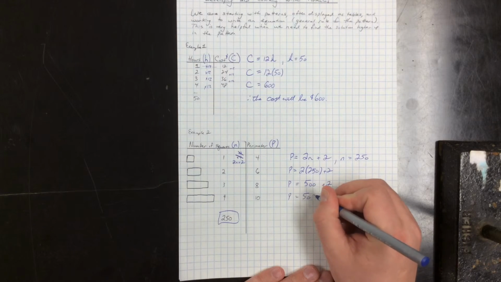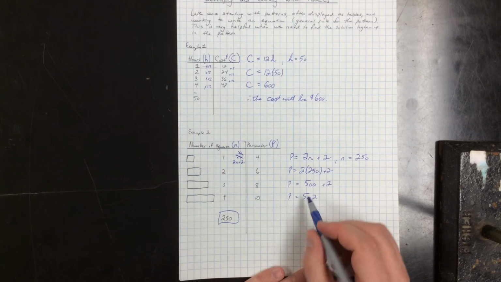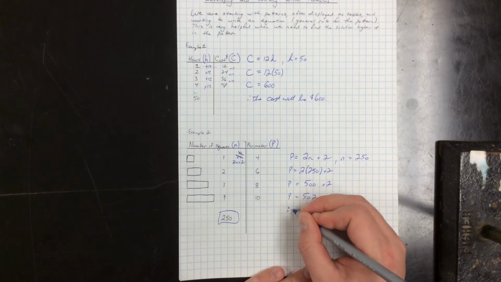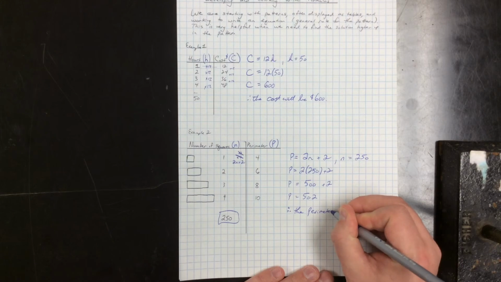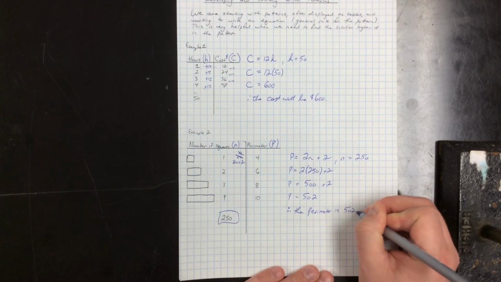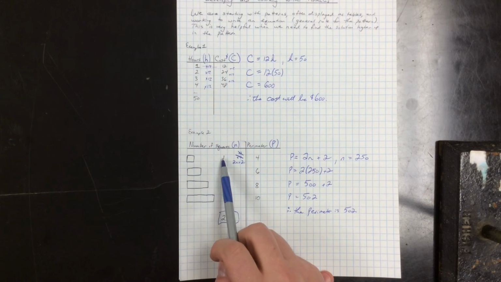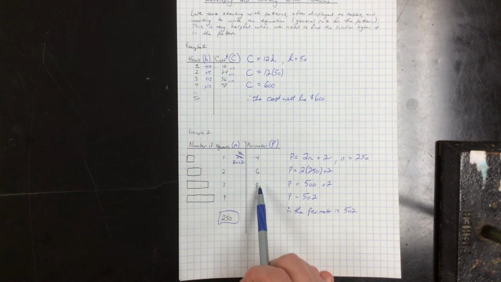Perimeter is 502. I didn't have any units on there, so I'm just going to leave it like that. Therefore, the perimeter is 502.